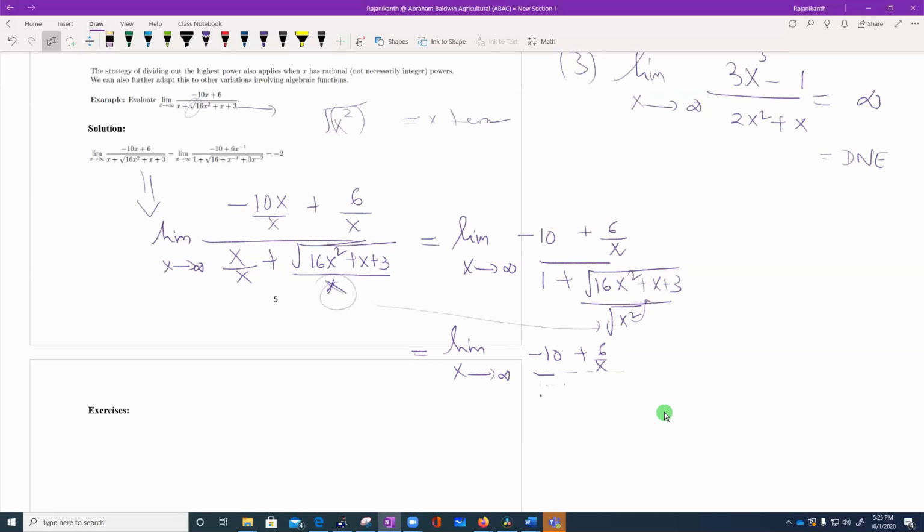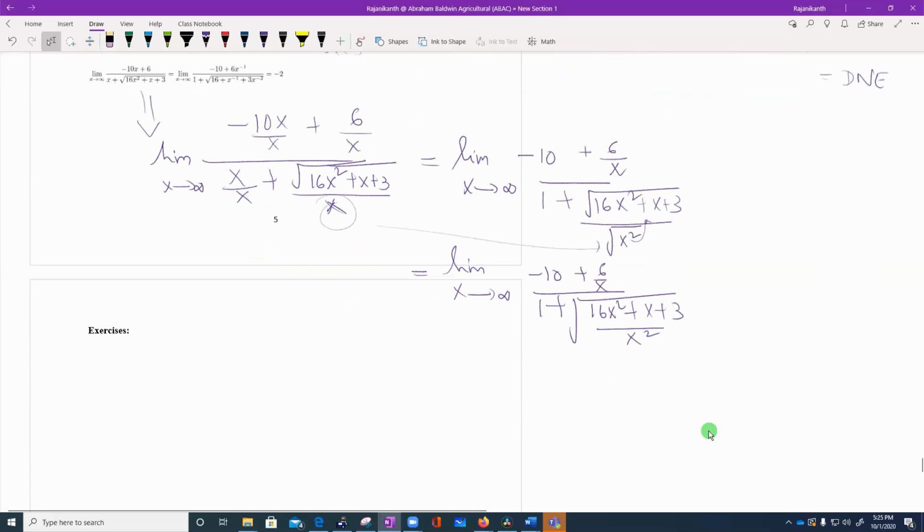Now I am going to move everything under one square root. You see now? Because both of them now have a square root, I could do that easily. That makes sense? Now you could plug in infinity here. What will happen? If you plug in infinity, 6 over infinity is going to be 0, right?